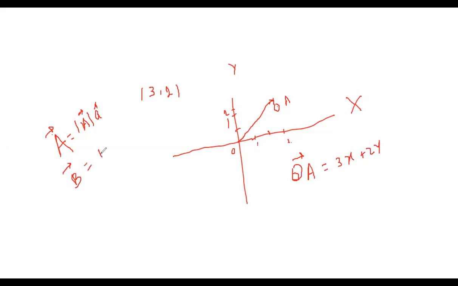This is the sign of the magnitude of the vector, and this is the vector sign, and for the direction you can use the alphabet b cap. This is b cap, so here your b cap is the direction vector.